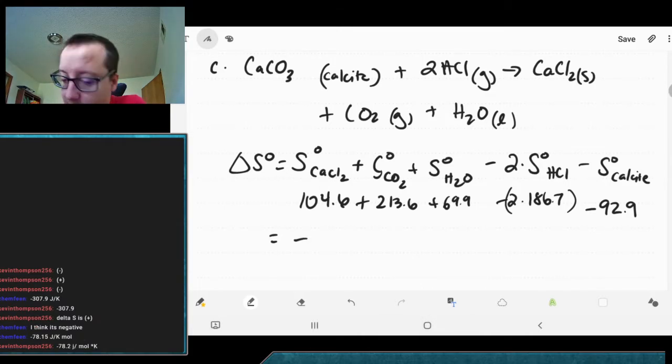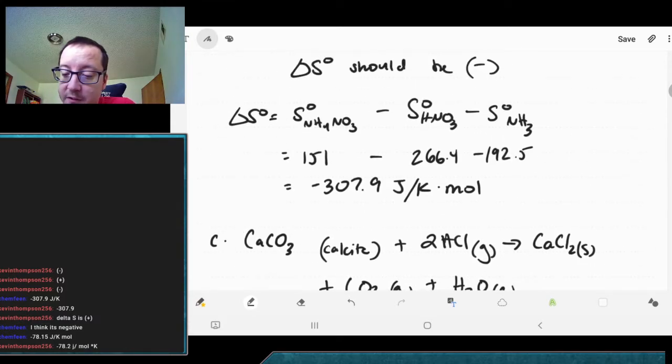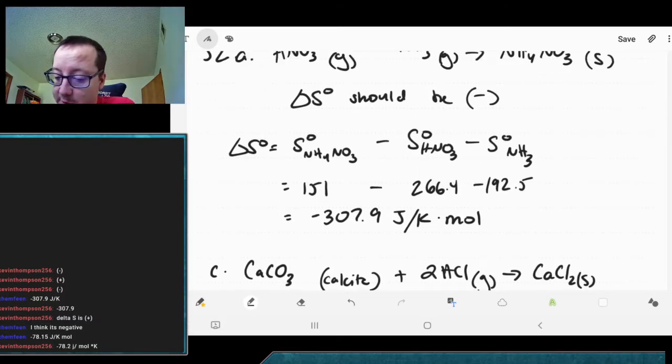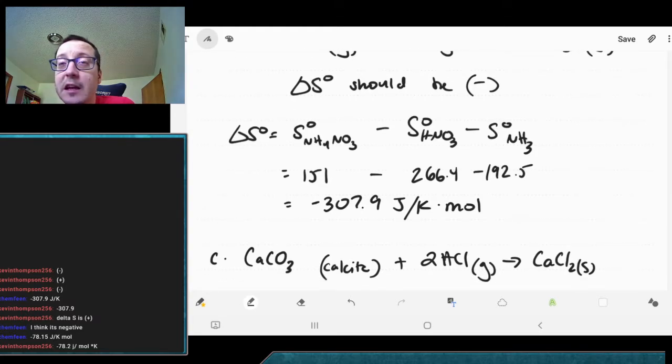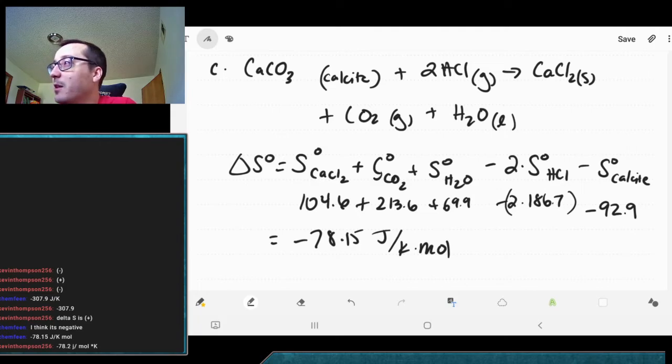But obviously we can see the magnitude of this is not as severe as the last one was, where we had very clearly two gases turning into a solid. That was strongly entropically unfavorable. This one is kind of minorly unfavorable, entropically speaking. All right, so in this case, the gases have won out here.